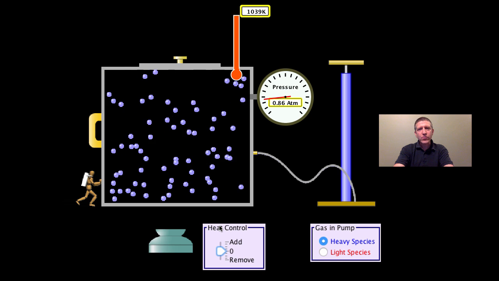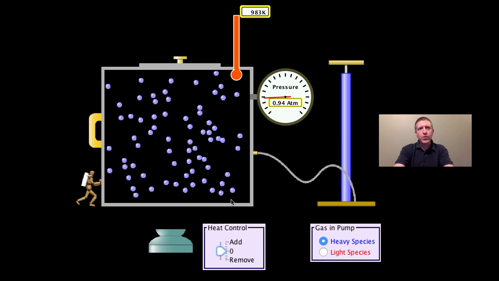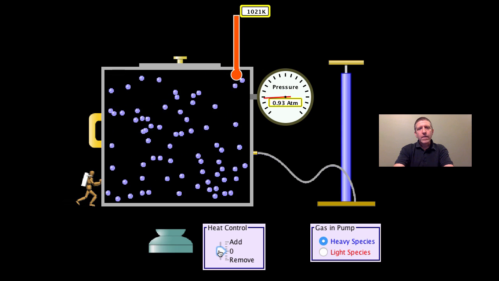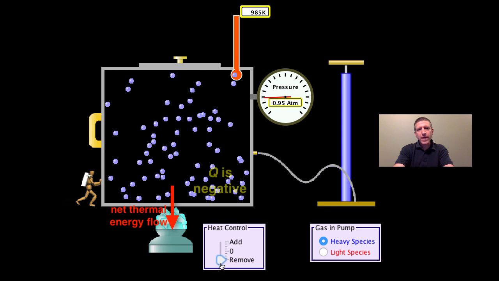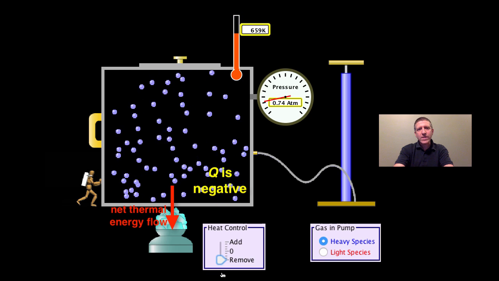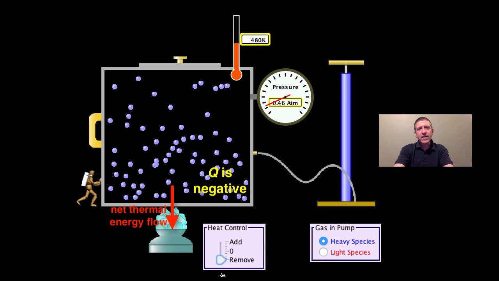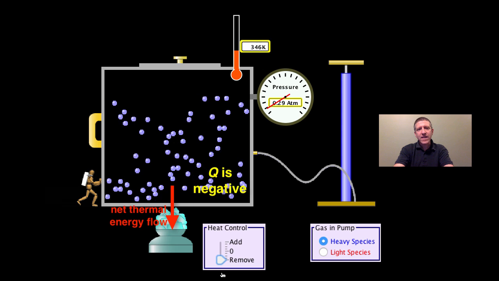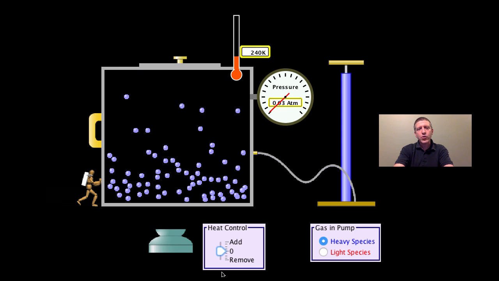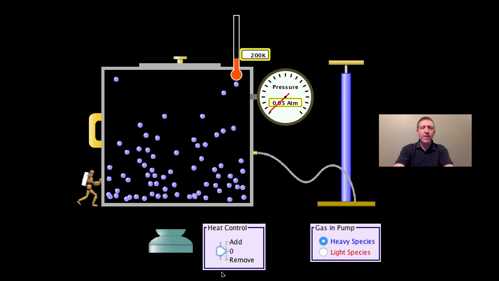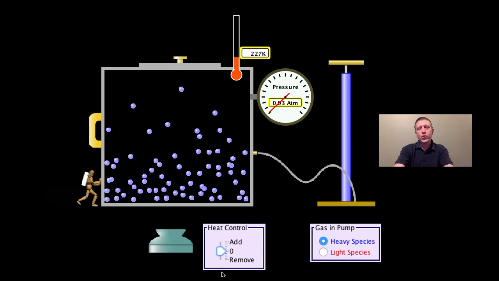Now they are moving faster, they have higher kinetic energy, and our temperature is also greater. We can also remove heat from the gas by simply taking some ice. Now energy is leaving the gas, heat is leaving the gas and going into the ice, causing the ice's temperature to rise, or it may cause it to just melt while remaining the same temperature.